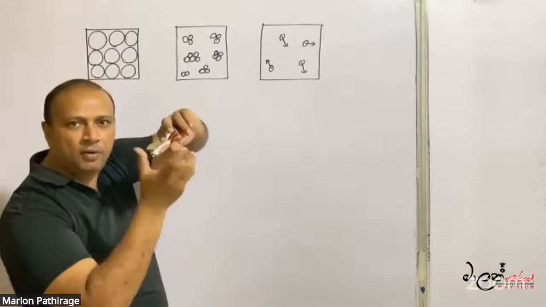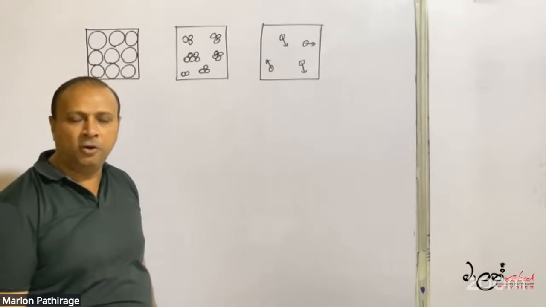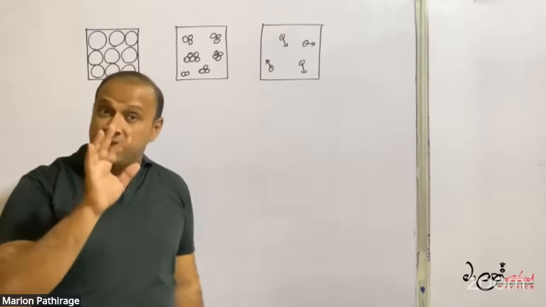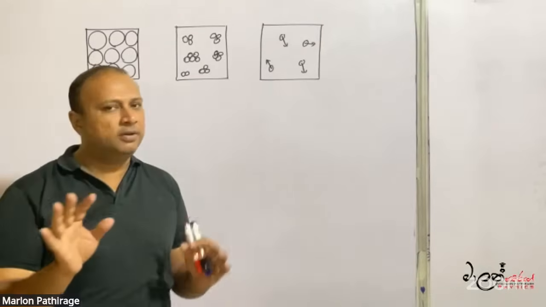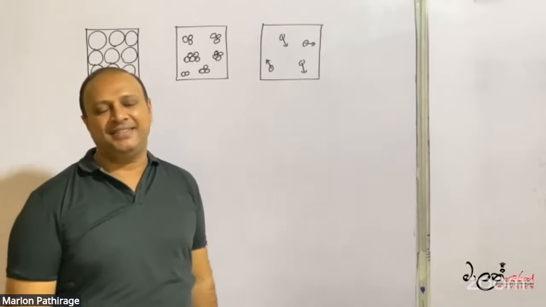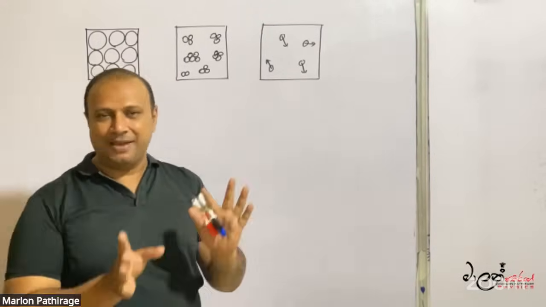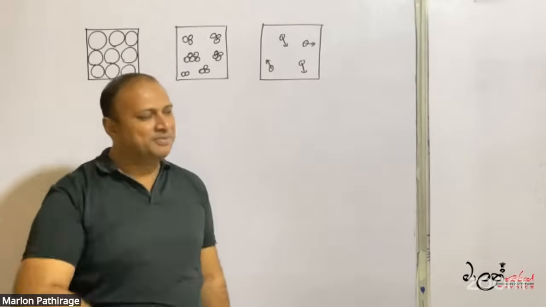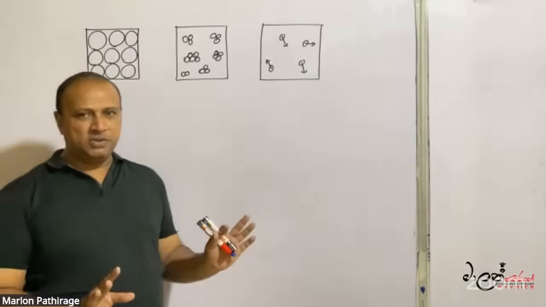Those particles can rotate, they can spin. Therefore, at any temperature, they are not in a stationary condition, unless the absolute temperature is zero. Not zero Celsius, but absolute zero. I will let you know what absolute zero is.